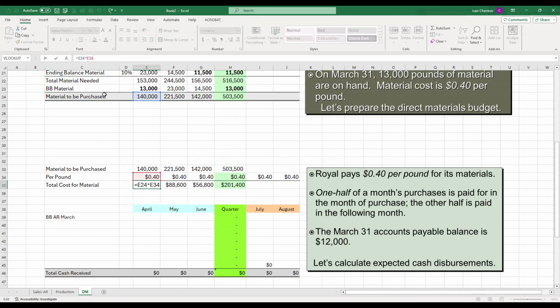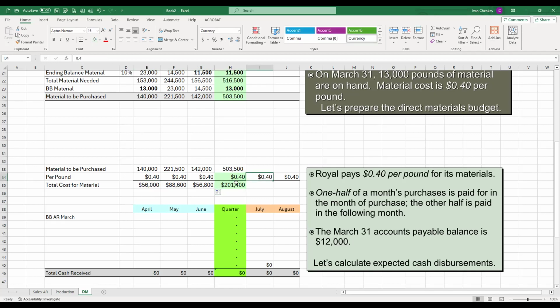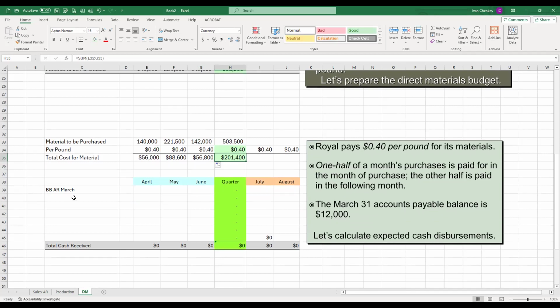We have to calculate how much the material that we need in our production is going to cost us. Once we calculate that one, we can easily see how much 503,500 pounds is going to cost us. Now, we have to pay those ones.